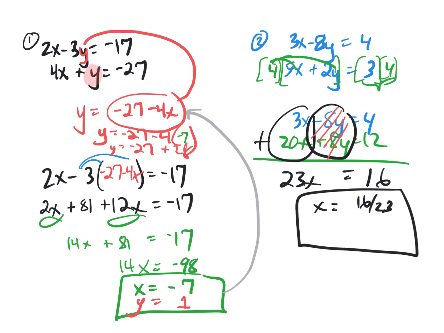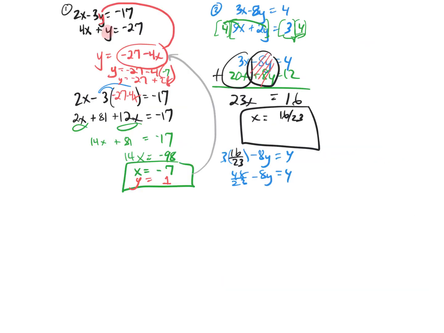What is y equal to? Well, let's take that equation. 3x minus 8y is equal to 4. We just found that x is 16/23. So now we have 48/23. Take away 8y is 4. We'll subtract 48/23 from the left, and it's gone, leaving us just with negative 8y.